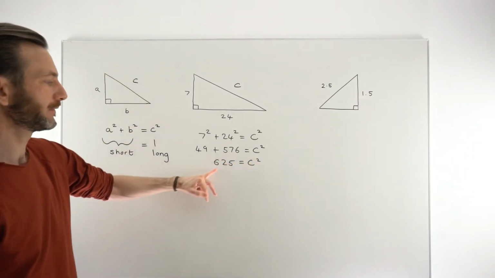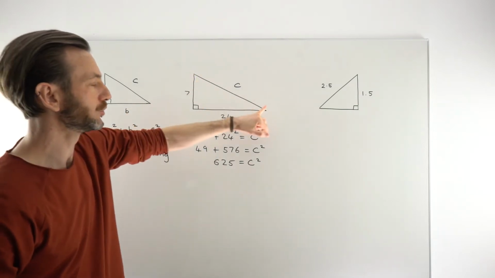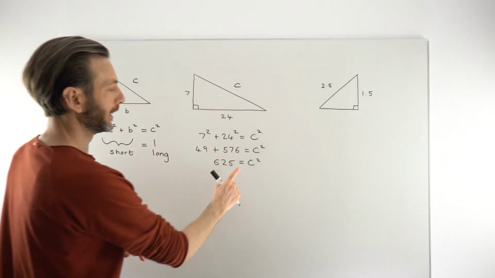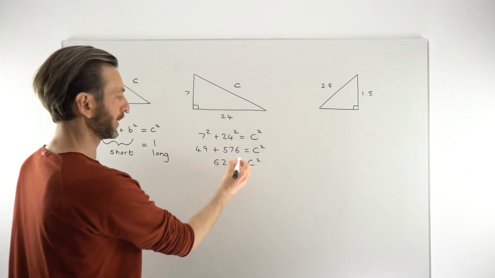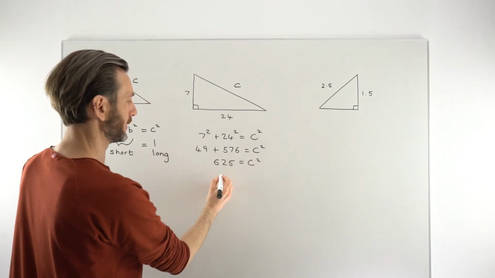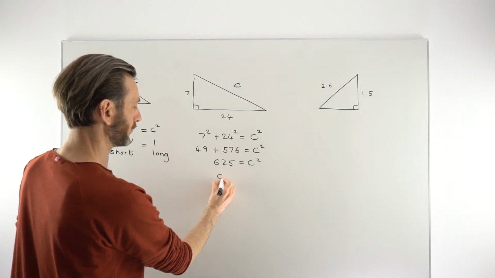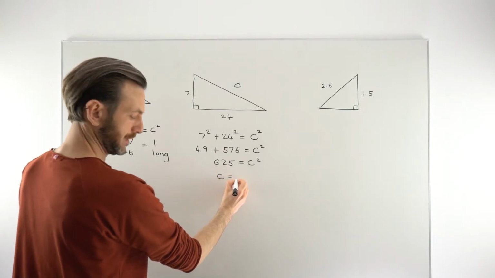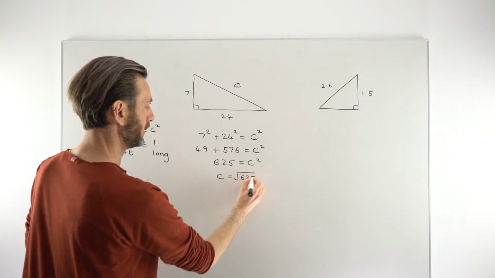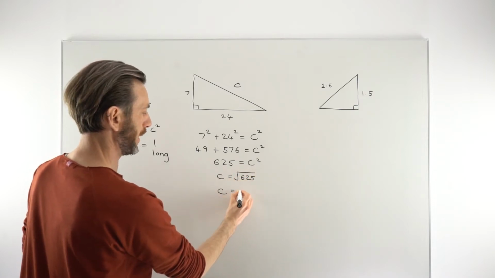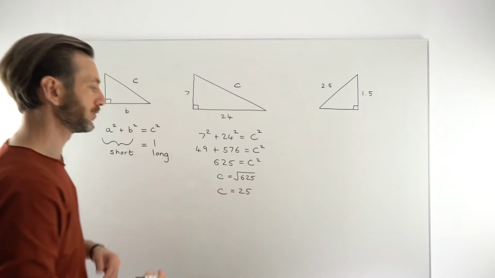Now, 625 is not our final answer. Obviously, that would be way too big for side C, because that's equal to C squared. So we need to square root both sides of the equation to get the C value. Or you could just think of that as going straight to C equals the square root of 625, and the square root of 625 is 25. So that's come out to be a whole number.